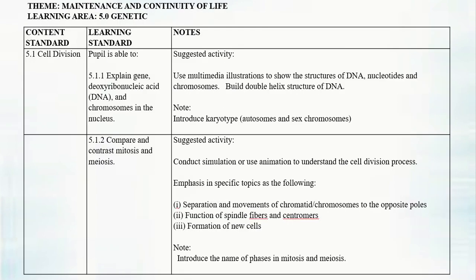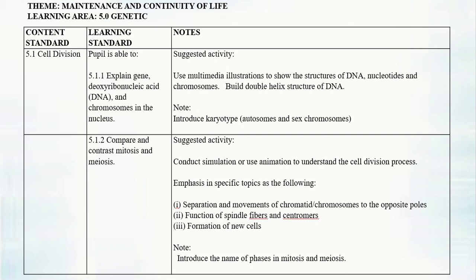Next is genetics. In the Japan curriculum, it also contains cell division. So that's why I chose this topic, which is genetics, mostly on biology. In this learning standard, students need to explain gene, deoxyribonucleic acid, which is DNA, and chromosome in the nucleus.